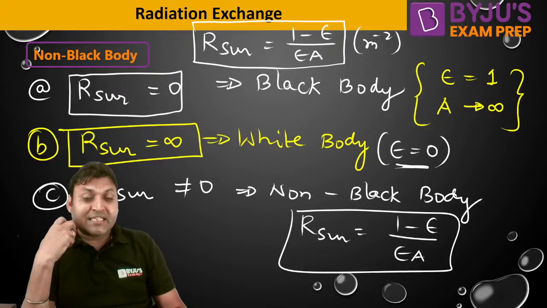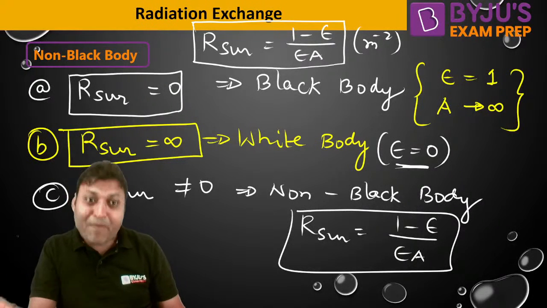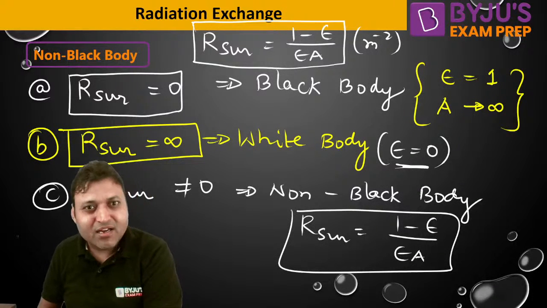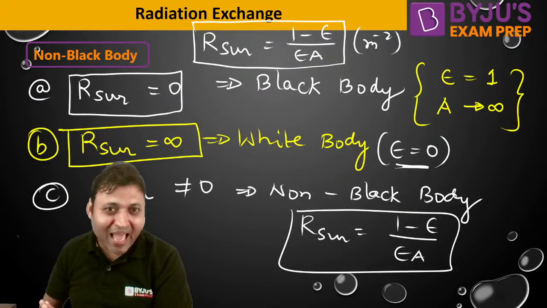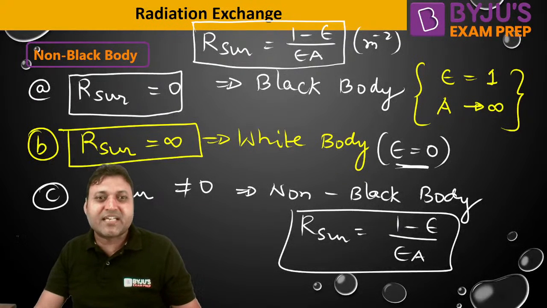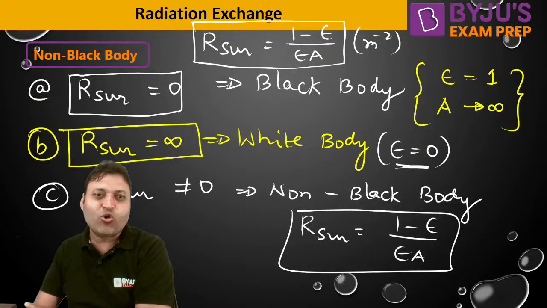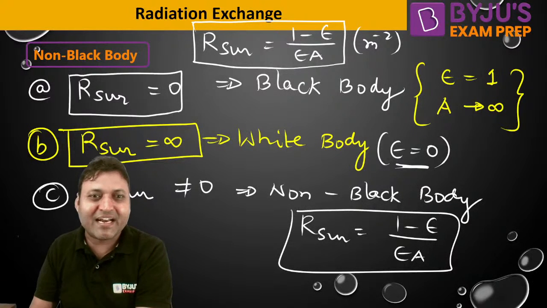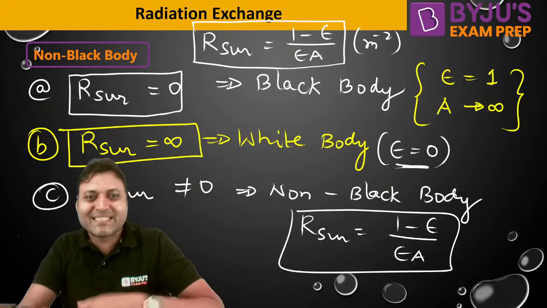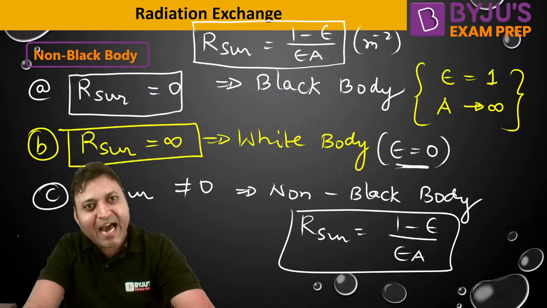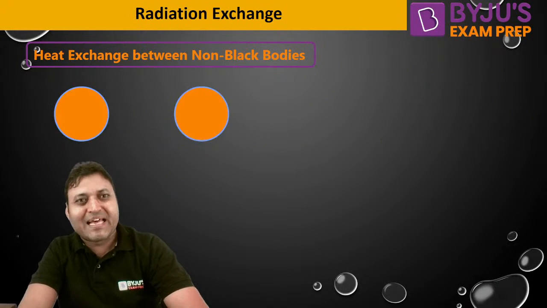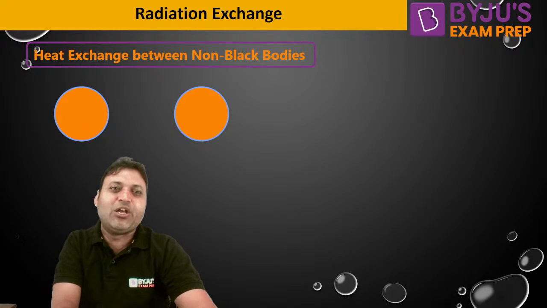But the surface resistance will depend upon whether the bodies are black or non-black. If the bodies are black, there is no surface resistance. But when the bodies are non-black, then the surface resistance will also come into picture in the radiation network or the circuit diagram.